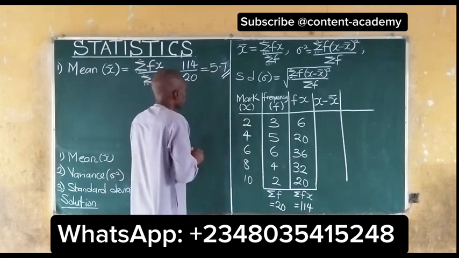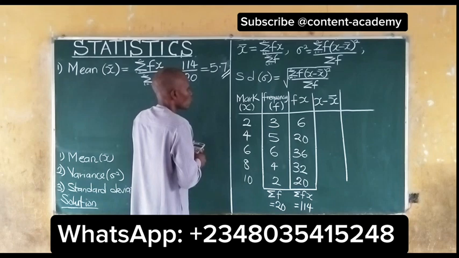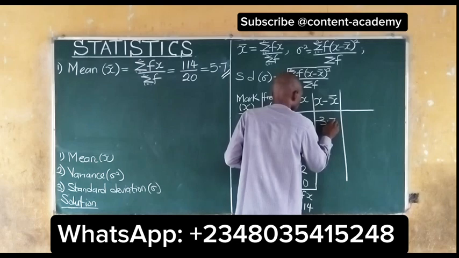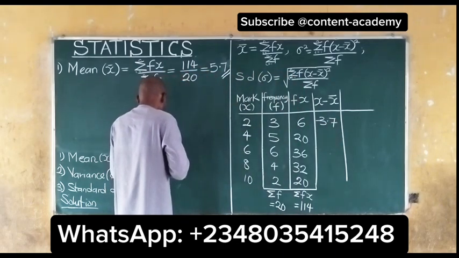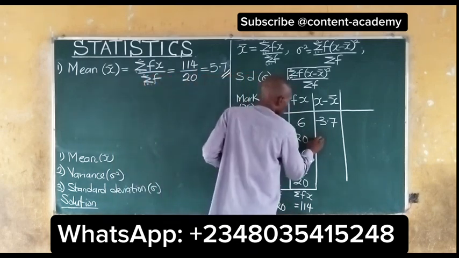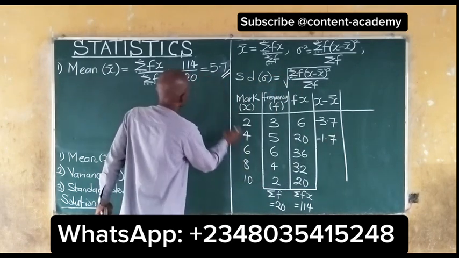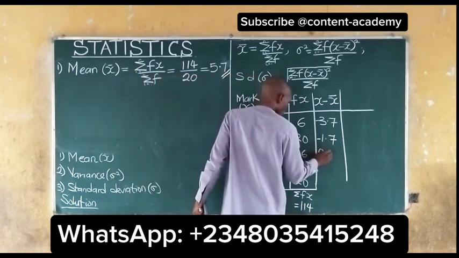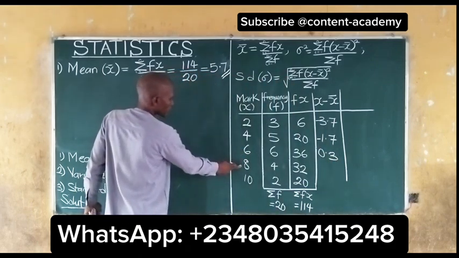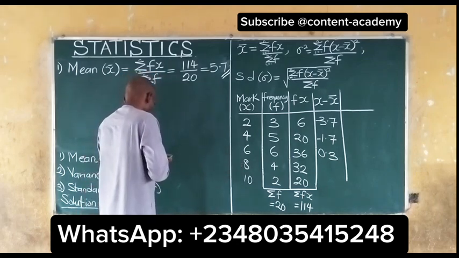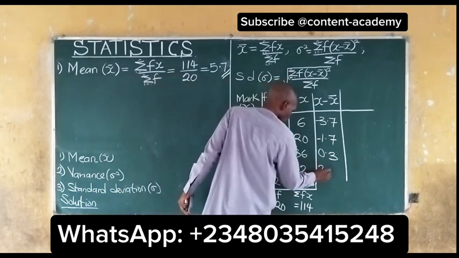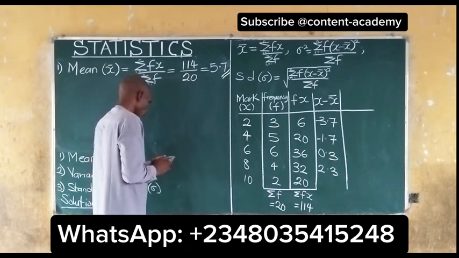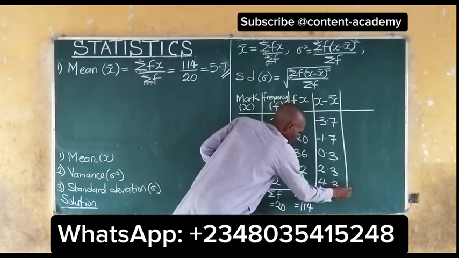So 2 minus 5.7 gives negative 3.7. 4 minus 5.7, we have negative 1.7. 6 minus 5.7, we have 0.3. 8 minus 5.7, we have 2.3. And 10 minus 5.7, we have 4.3.